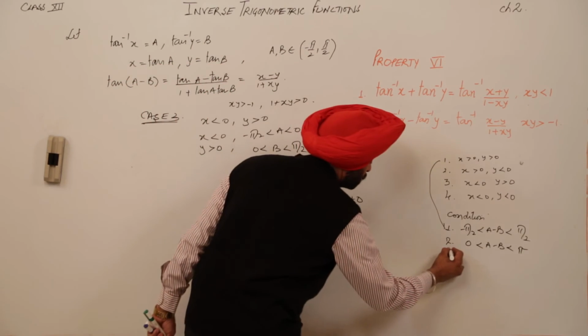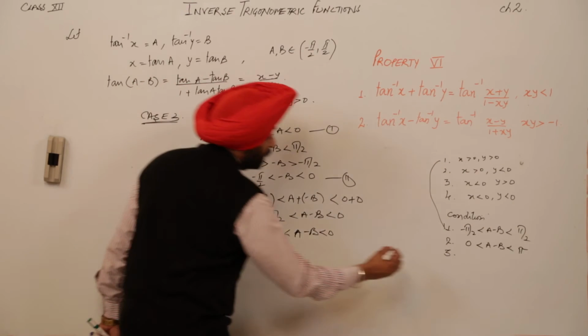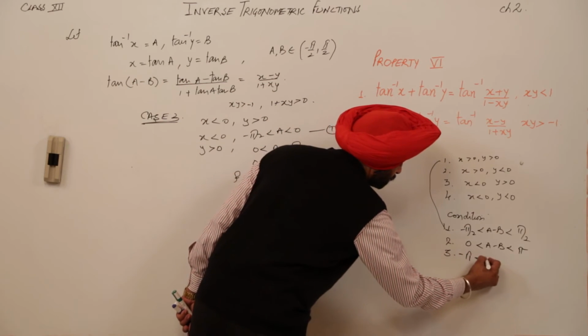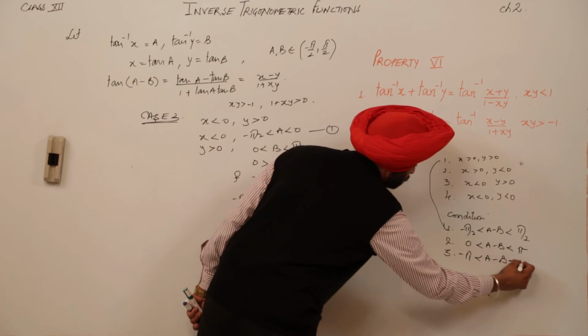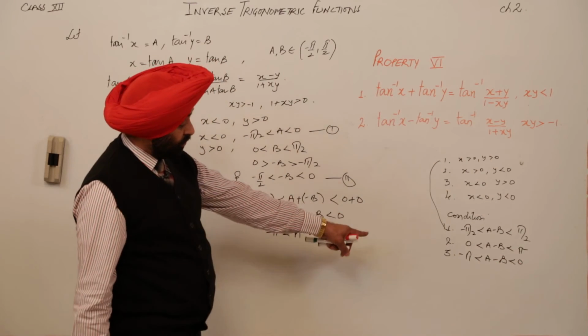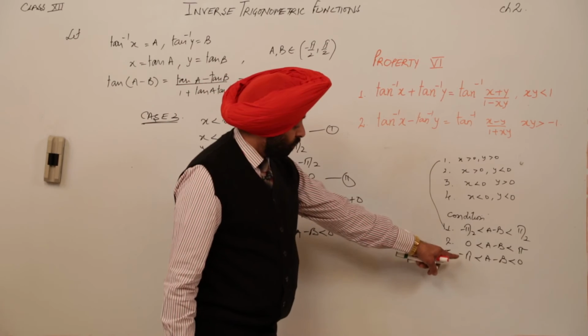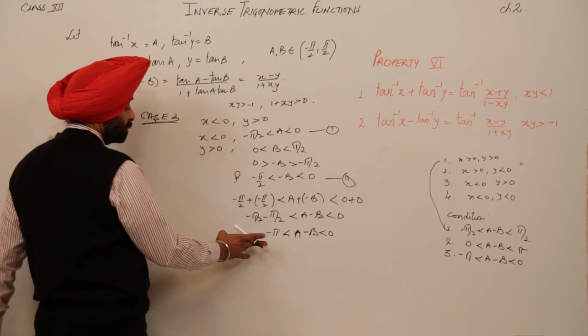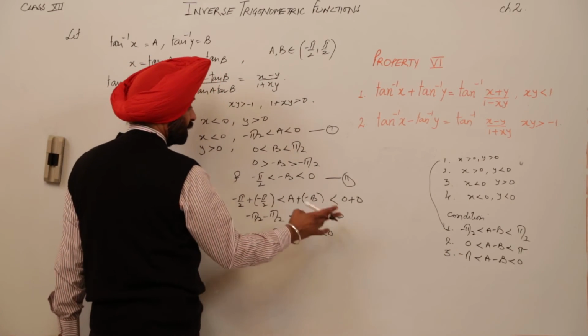Let me write it for number 3. We are having minus pi is less than a minus b is less than 0. Now see what changes we are getting. Second and third, what are the changes here? Minus pi is less than a minus b is less than 0.